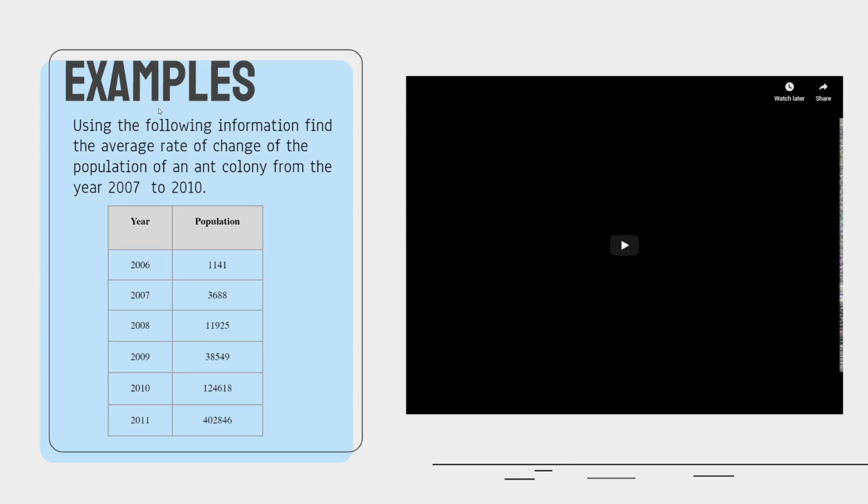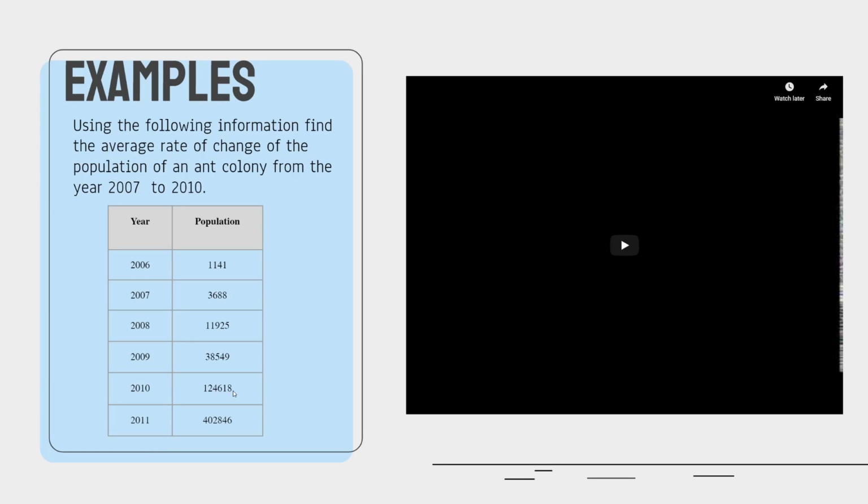So let's look at the following example. Using the following information, find the average rate of change of the population of an ant colony from the year 2007 to 2010. So as we have here, we have a table that shows the year and the population for a couple of the years. All we know is that we have to find the average rate of change, which would be over an interval. So the two intervals that we're concerned about are 2007 and 2010.